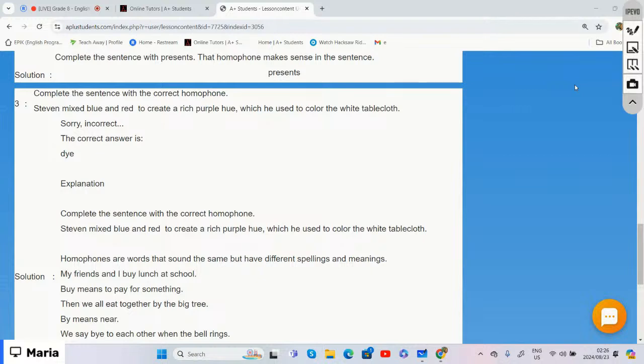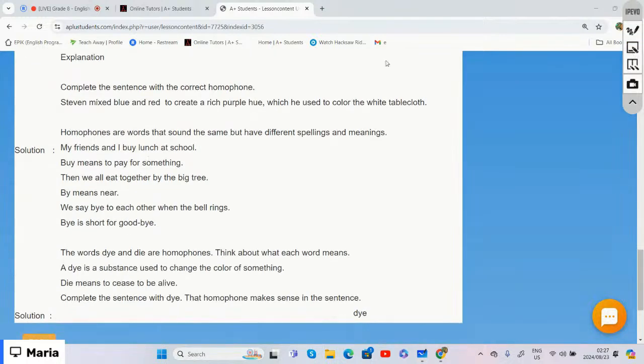All right. And we said that Stephen mixed blue and red, and we can use the word dye. So, dye to create a rich purple hue, which he used to color the white tablecloth.